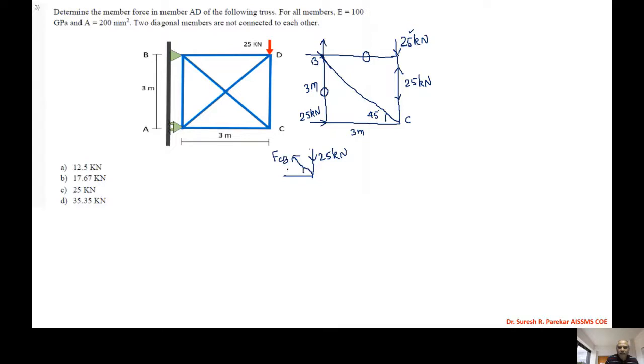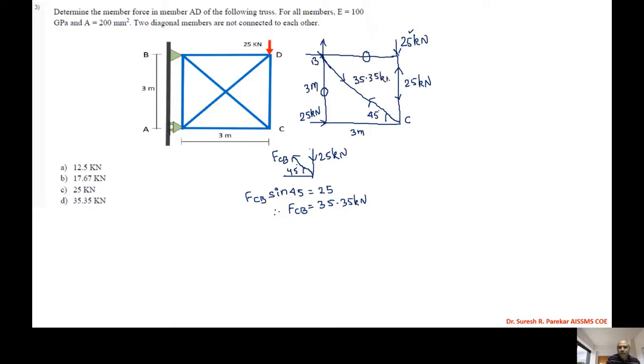This angle is 45 degrees, and therefore we have FCB sine 45 minus 25 equal to 0. So I will directly write 25, and we will get FCB equal to 35.35 kilonewtons, plus, so it is tensile. So we have tensile 35.35.